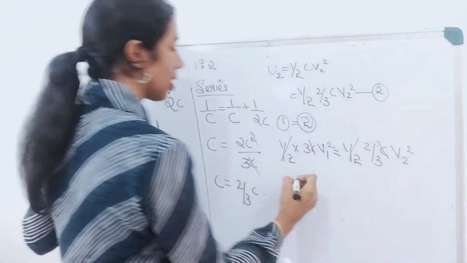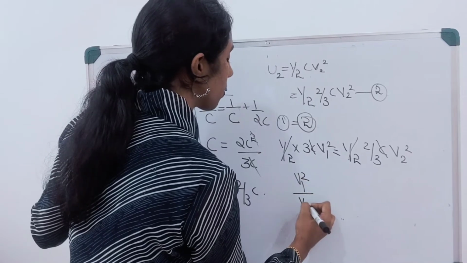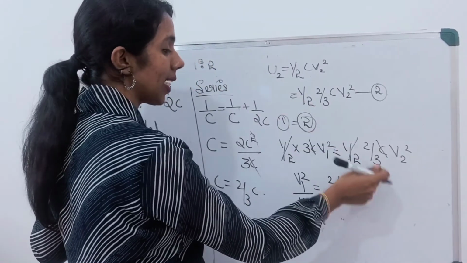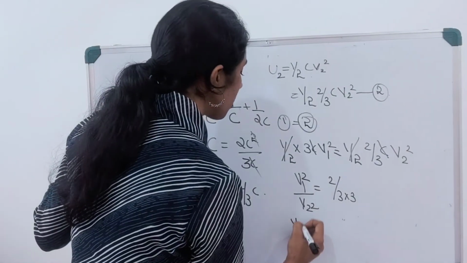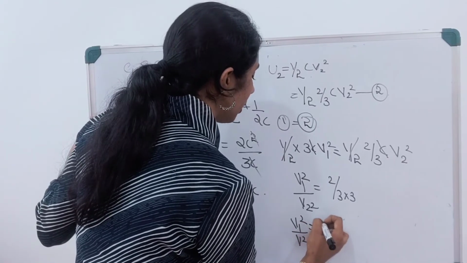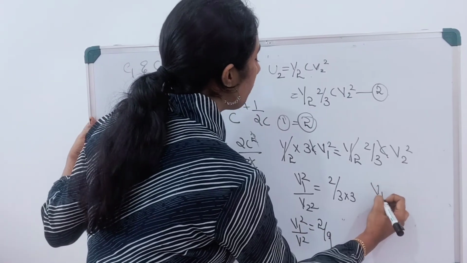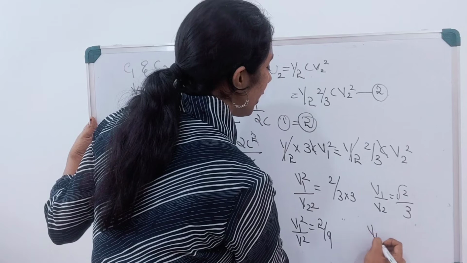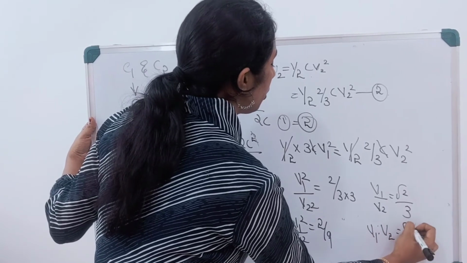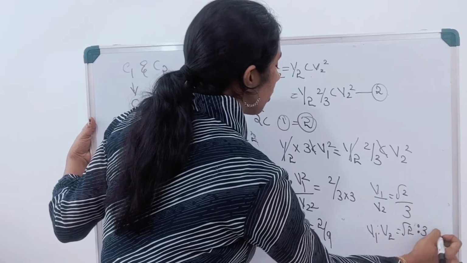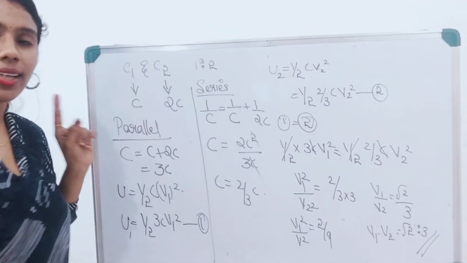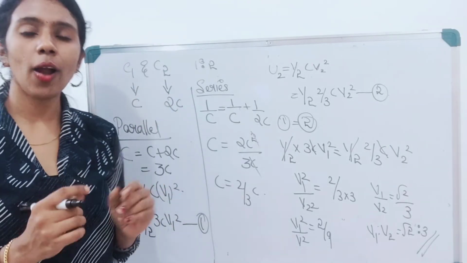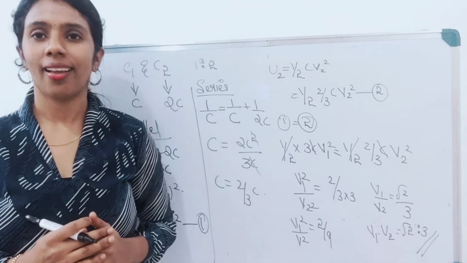Rearranging the equation, V1 square by V2 square is equal to 2 by 3 by 3, this 3 is taken into the denominator. So V1 square by V2 square is equal to 2 by 9, or V1 by V2 is equal to root 2 by 3, or the ratio V1 is to V2 is root 2 is to 3. So this is the ratio of potentials that has to be applied in the series and parallel combination of the given capacitors in order to make the energy stored in the combinations equal.